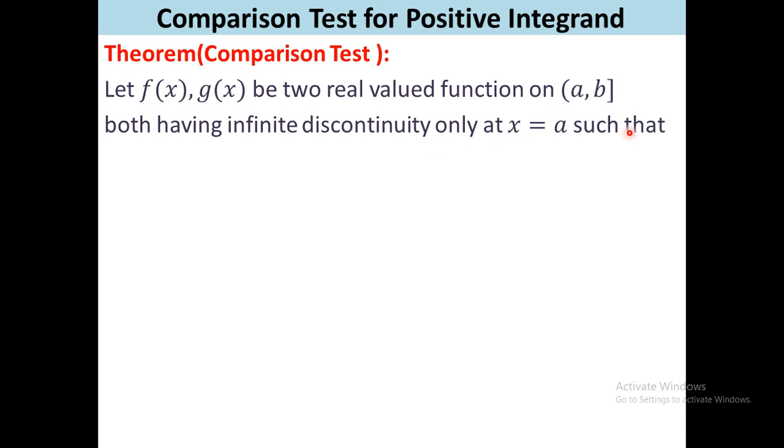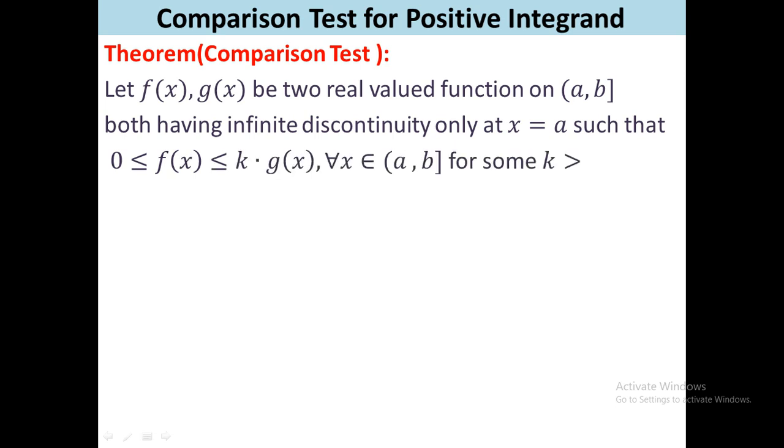However, such that f(x) is less than or equal to k times g(x) for all x belonging to (a, b], where k is positive. Here also we say that f and g are both greater than or equal to 0, that is, f and g are non-negative functions. Some authors mention this as strictly greater than 0, but if it is greater than or equal to 0, in particular x equal to 0, this can happen. So here you consider 0 less than or equal to f(x).